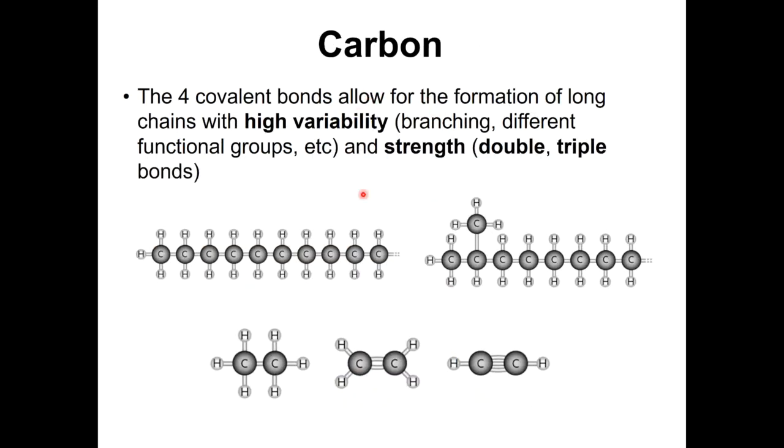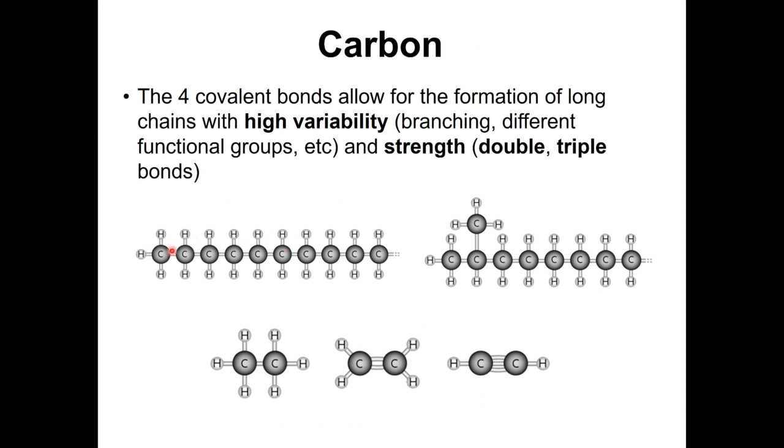So the 4 bonds, in the end, allow for different things. They allow for the formation of very long molecules, a great property which is not a compromise between length and variability.